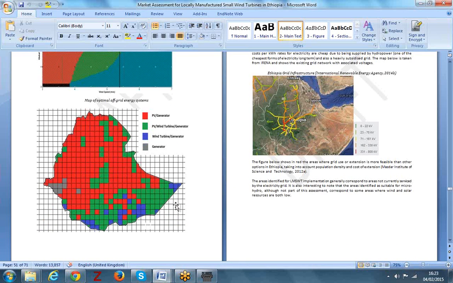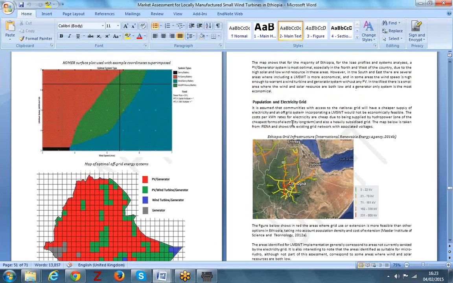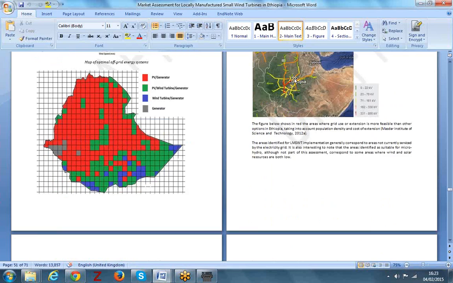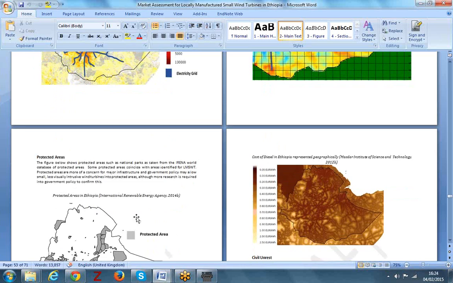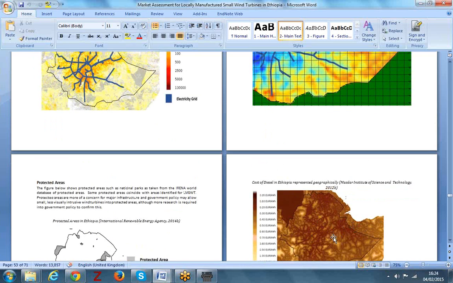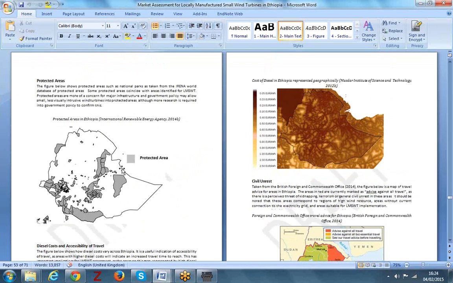I had this outline which showed that mostly in the south and the east is where the optimal systems are, and then in the GIS you can input other layers to compare this with: the grid connection, the population density, the transport network, protected areas.